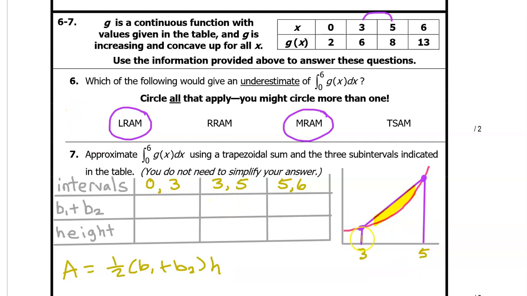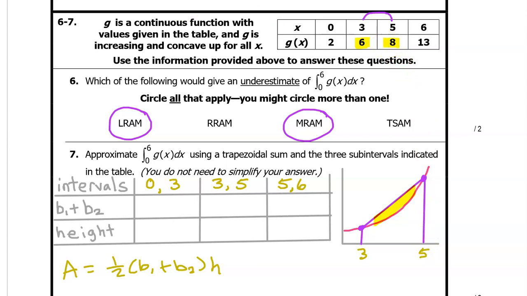Let's find the area of the middle trapezoid from 3 to 5. We are going to need to know the length of base 1 and base 2. Well, base 1 is just going to be the value of the function at 3. And looking at my table, that's 6. Base 2, the height of this segment, is the value of the function at 5. So that is 8.